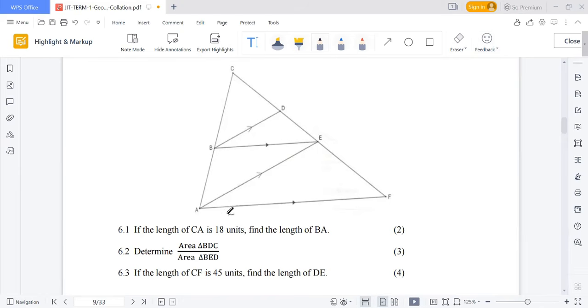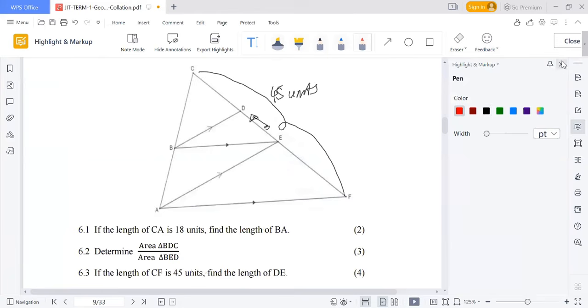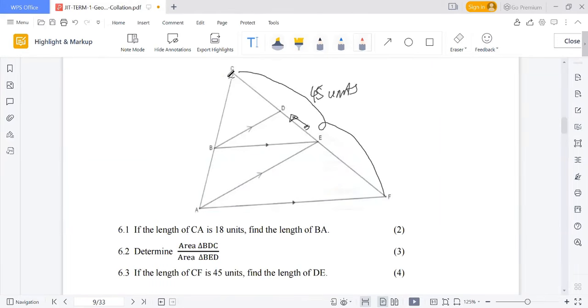Okay, now let's look at 6.3 here. It says if the length of CF is 45, so we are given the whole length of CF is 45 units. They say find the length of DE. So we must find the length here of DE. Now, looking at this, from the previous question, we deduced that these lines here are in proportion.